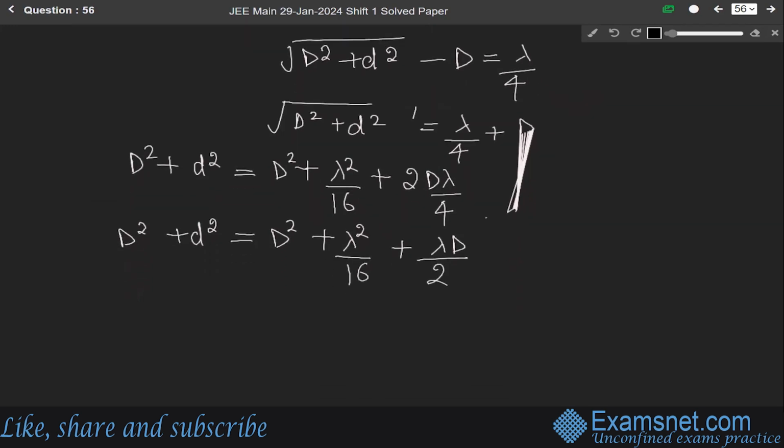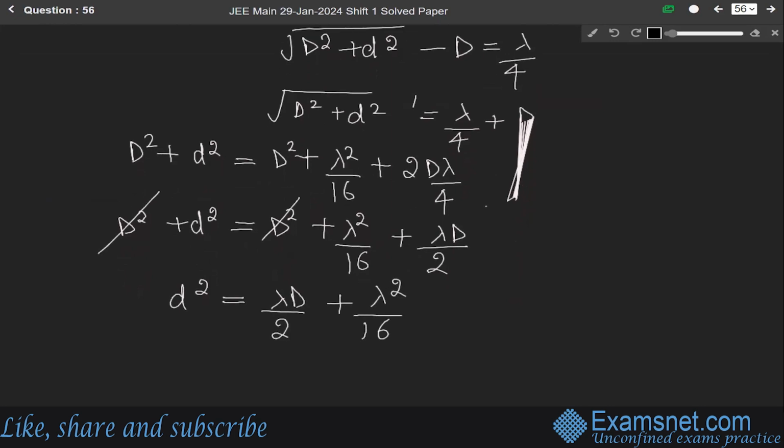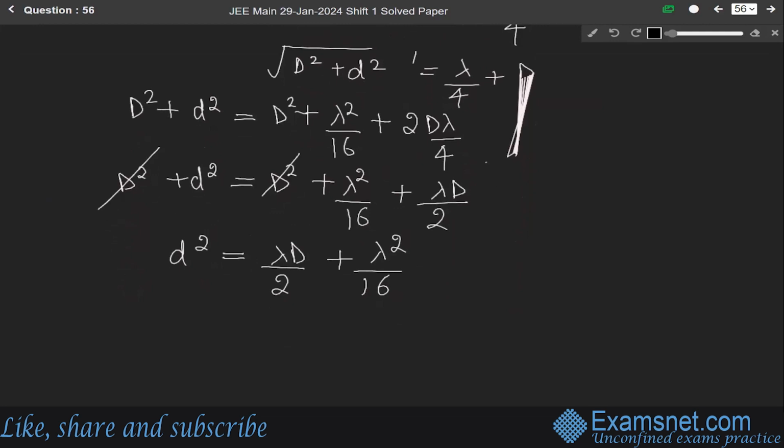Now the D square cancels out on both sides. It will be d square equals lambda D over 2 plus lambda square over 16.